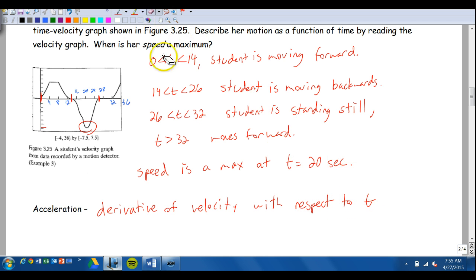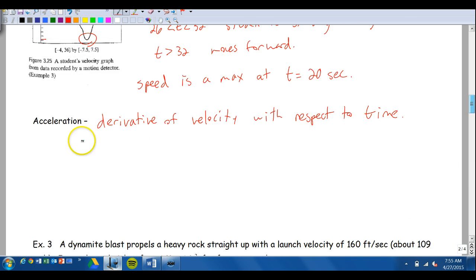It would help if I spelled time right. Alright, time. So the notation for this is a of t is equal to the derivative of v with respect to t, or it's also equal to the second derivative of position. We learned this back in parametrics, free fall motion.